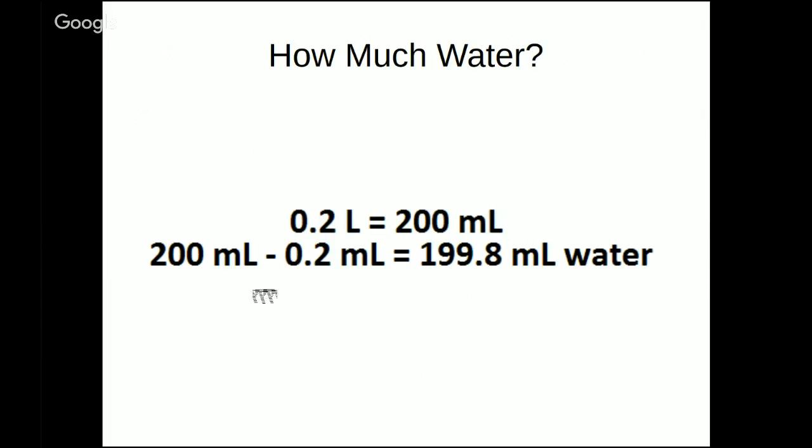In this case, I converted it to mils. So I'm going to take my 200 ml final volume, subtract from it my 0.2 mils of stock that I'm going to add, and that tells me that I'm going to add to my stock 199.8 mils of water. So it's going to be a lot of water and a little bitty tiny drop of stock.